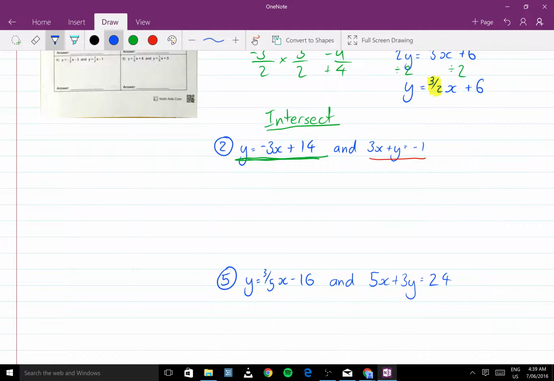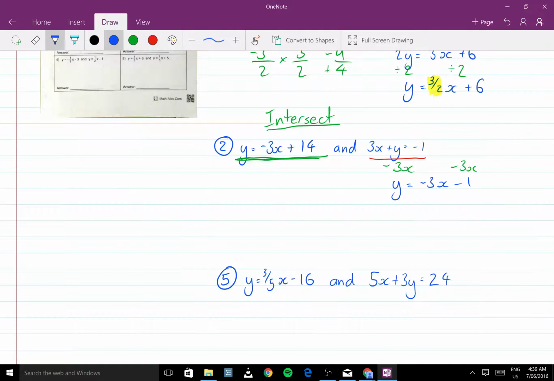Okay, so to change it, all I've got to do is get rid of this 3x on this side, put it on the other side, and then it'll just be y equals something. So I take away 3x, and I'm left with y equals minus 3x minus 1.